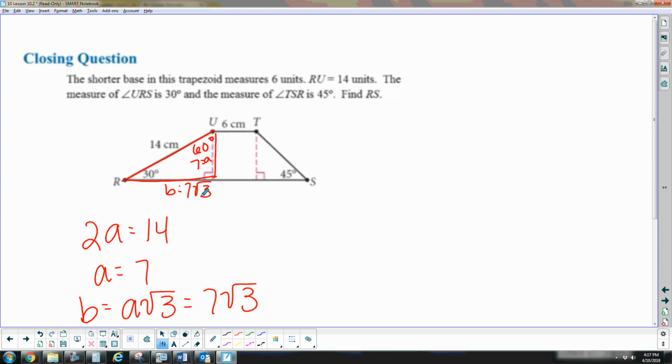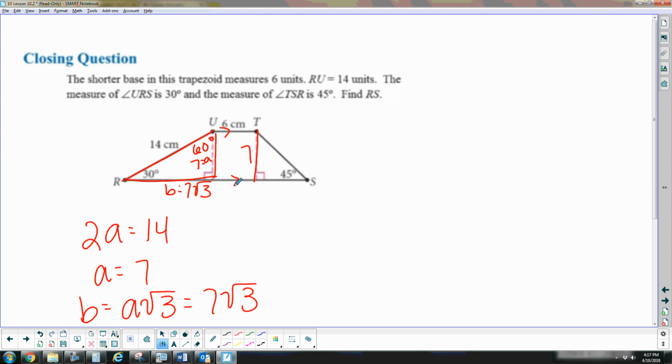Now this side here is also going to be 7 because it's a trapezoid. So we know that these two lines are parallel. And if those two segments are both perpendicular to the base, they have to be the same length.